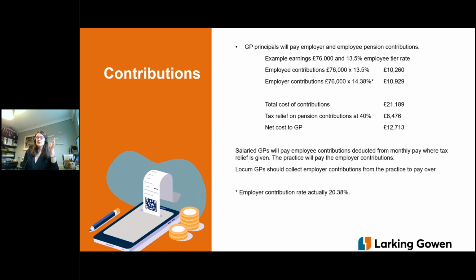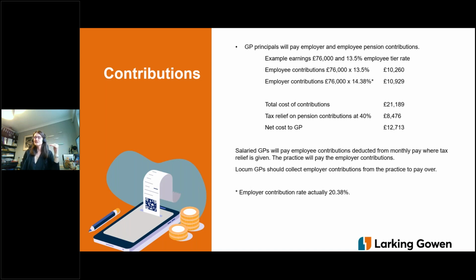So here's a quick example. If you are a GP principal, so not a salary GP here, and you're paying both employee and employer contributions, you'll see what those are there worked out on those tier rates. So the total cost is £21,189. Seems like a lot of money.